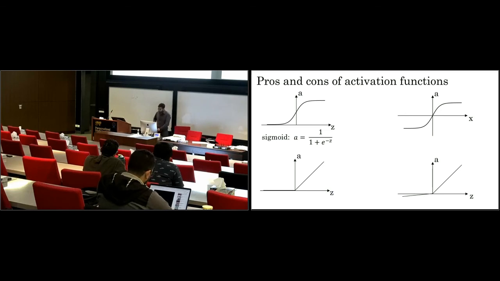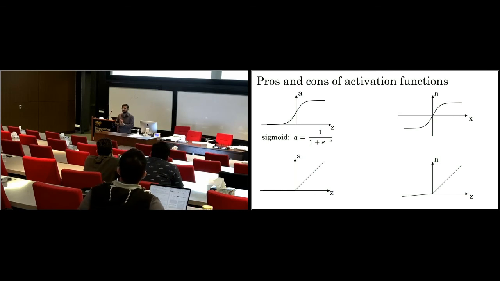Anybody wants to guess as to why this was the case? So I'm making a claim that if you have a deep network and you are using sigmoid activation functions, you would not be able to train it very well. Okay? So for our training, what are we using? What are the algorithms that we use to minimize our loss function that we studied up till now?